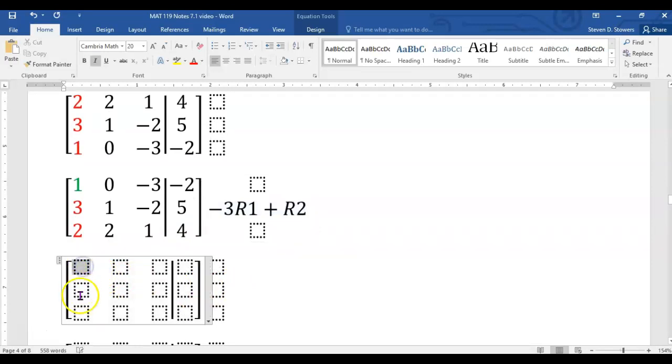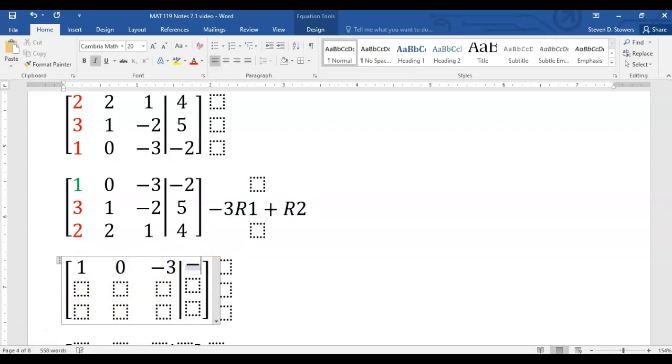So row 1 itself does not change. It's still going to be 1, 0, -3, -2. But row 2 is going to change. Instead of what's there now, I'm going to replace that with -3 times what's on top plus what's currently in the middle. And I'm going to do that all the way across.